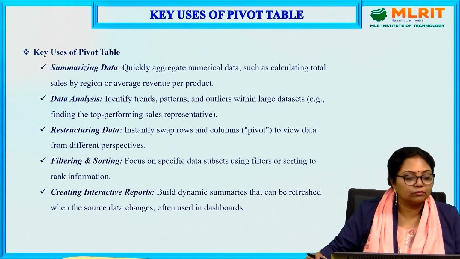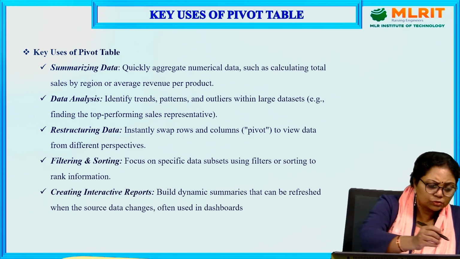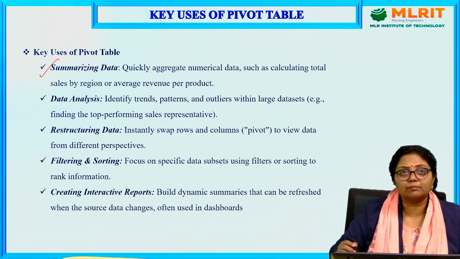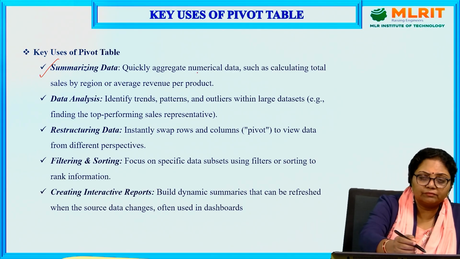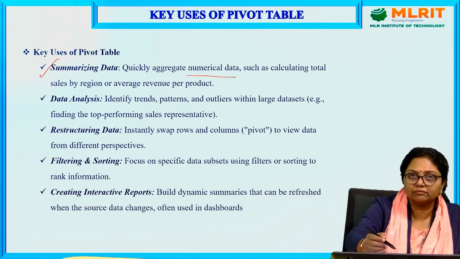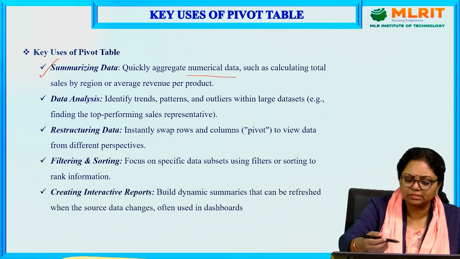Going forward, what are the key uses of a pivot table? The first one is summarizing the data. Whatever data we have, for the aggregate of numerical data, we can calculate the total sales by region, or the average or total marks of the students, anything.